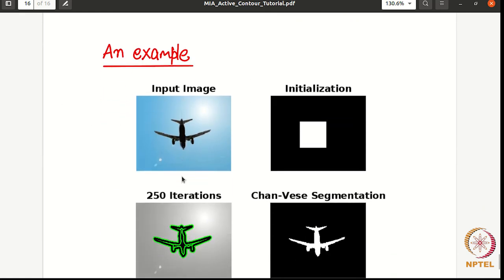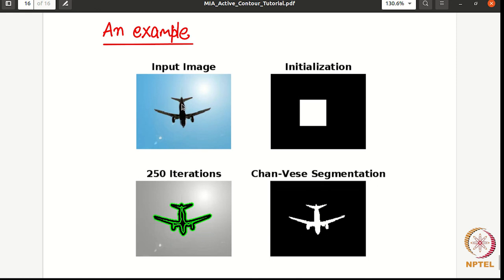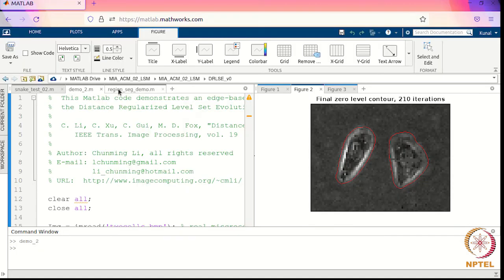Here is an example of Chan-Vese segmentation. You have an initial image of this aircraft. You initialize it with this. This is your initial level set, and then after some iterations, you get this. I will show you.